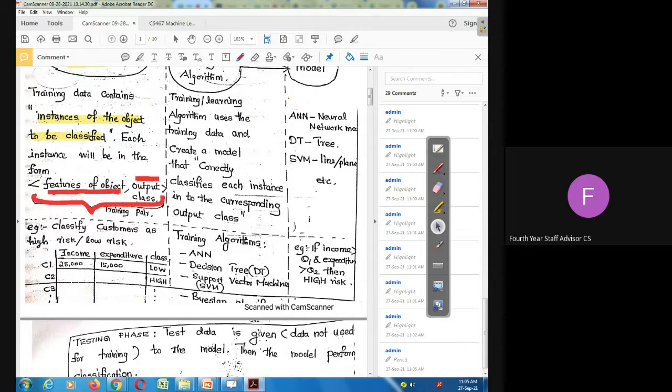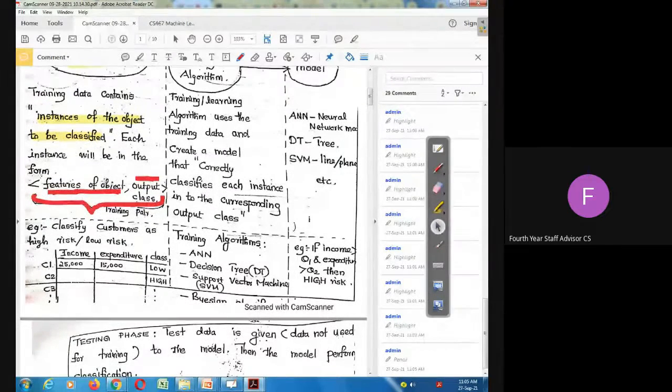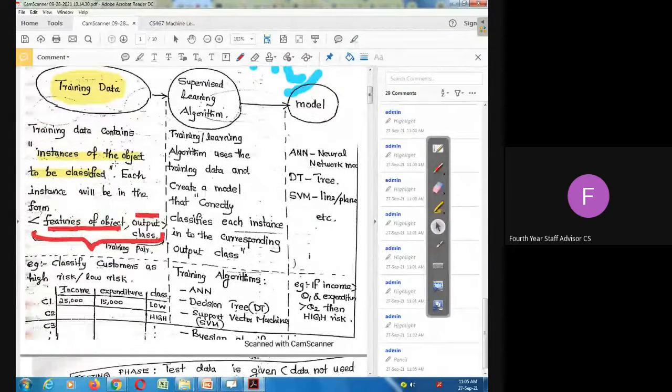So the training data consists of a collection of instances of the object to be classified. Then each instance will be in the form features of the object, comma, output class. This is called a training pair.